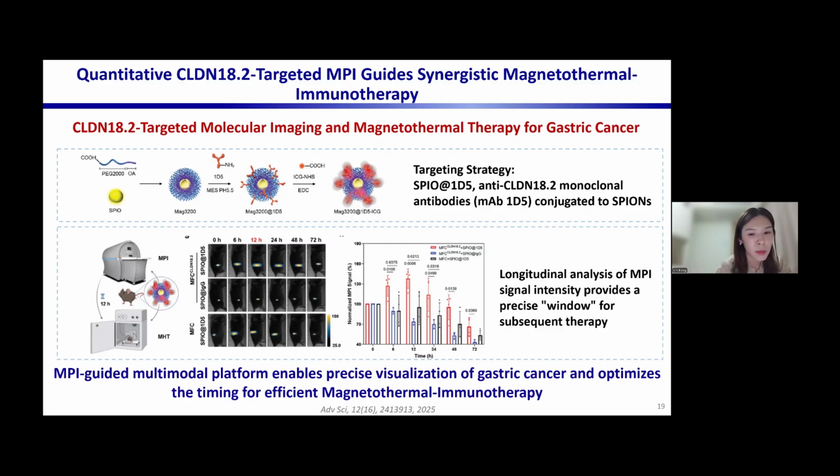We use MPI to localize the tumor, and once we see the signal, we immediately apply the magnetic hyperthermia for image-guided tumor therapy. This integrated approach, which we call theranostic, combining diagnosis with treatment, also highlights the versatility of the MPI platform.